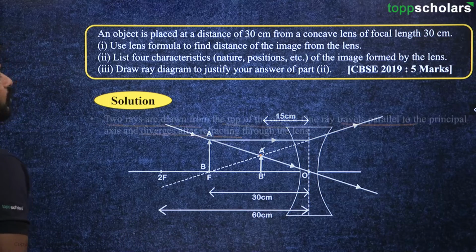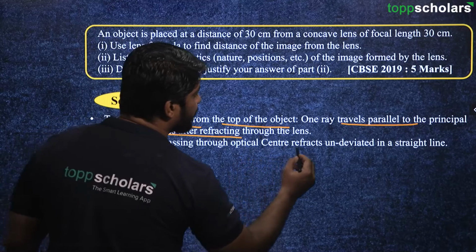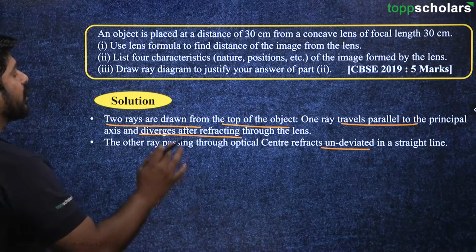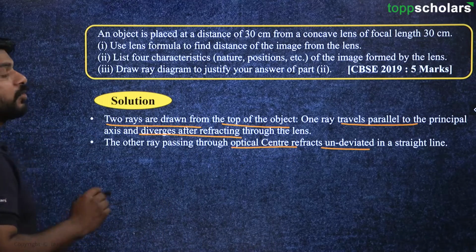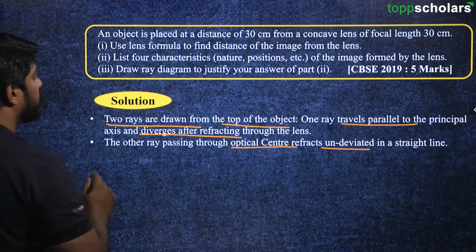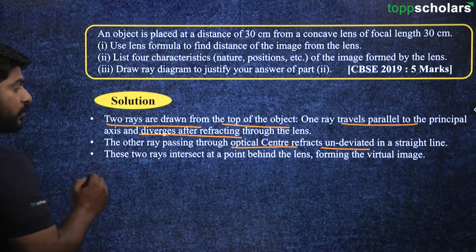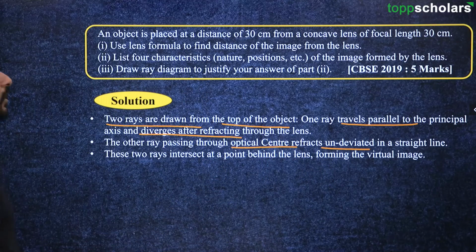The other ray passing through the optical center refracts undeviated in a straight line, as we know that the ray which travels through the optical center is always undeviated. Then these two rays intersect at a point behind the lens, forming the virtual image.